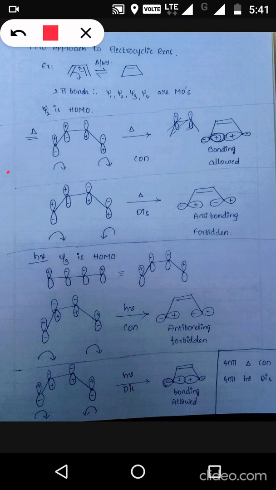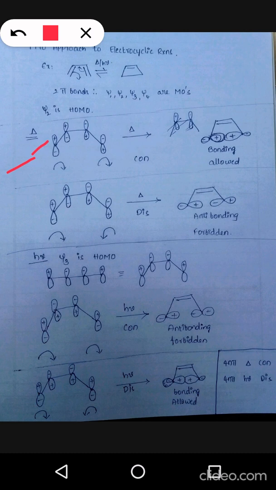For even numbered molecular orbital, the same sign lobes will be on opposite direction on the terminal p orbitals. It is here. The plus sign is above, and on the other end of the molecular orbital, plus sign is on bottom. So they are on the opposite side.